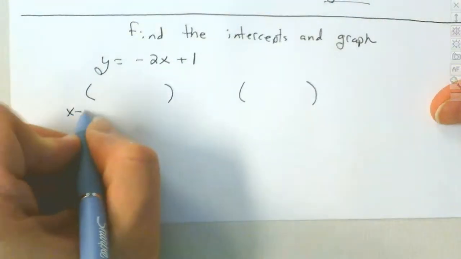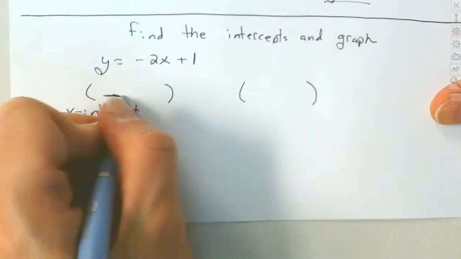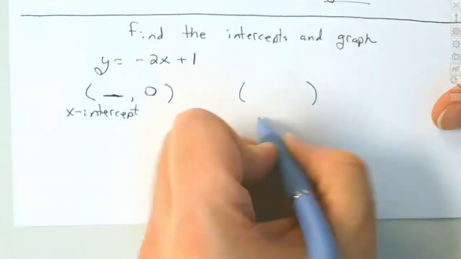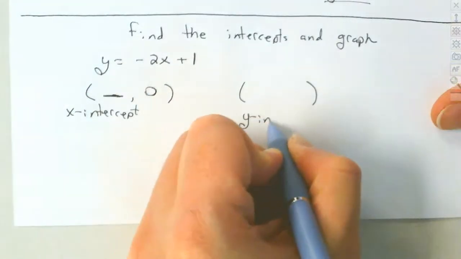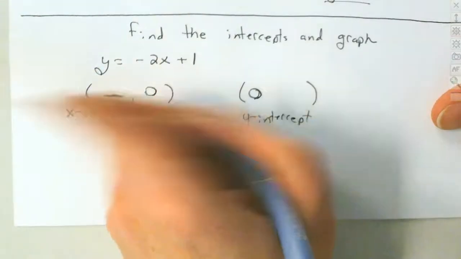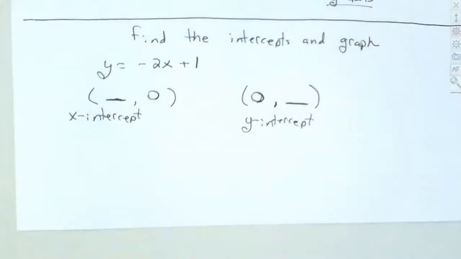So the x-intercept, we'll do it first. So the x-intercept is going to be some value that we've got to find, comma 0. The y-intercept is going to be an x value of 0 and some value of y that we have to find. You see why we've got two ordered pairs there.